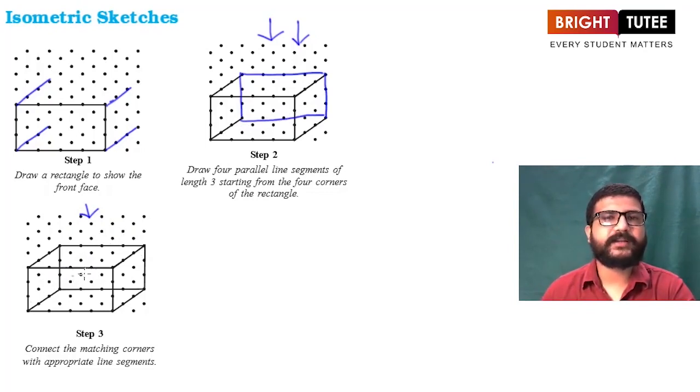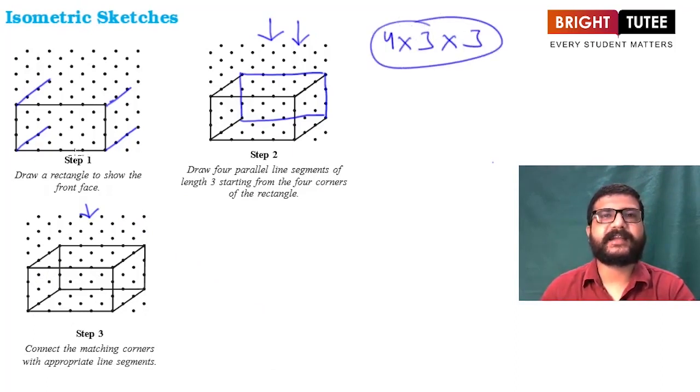This is the cuboid of dimension 4:3:3. As we can see here in this rectangle we have taken 4 as a length and 3 as a breadth, which will become height of the cuboid.